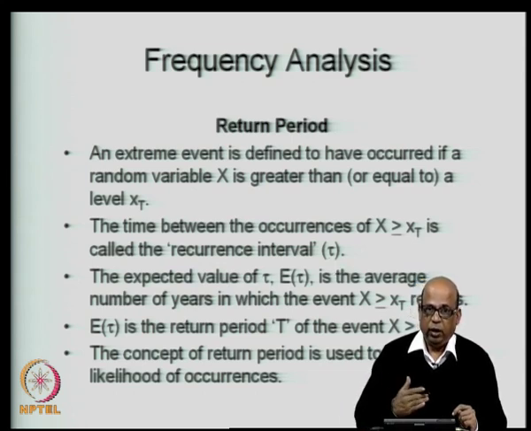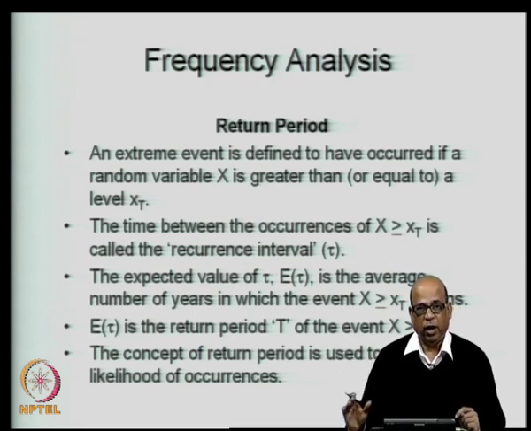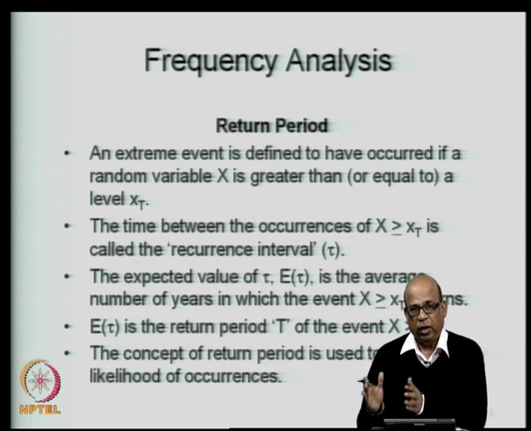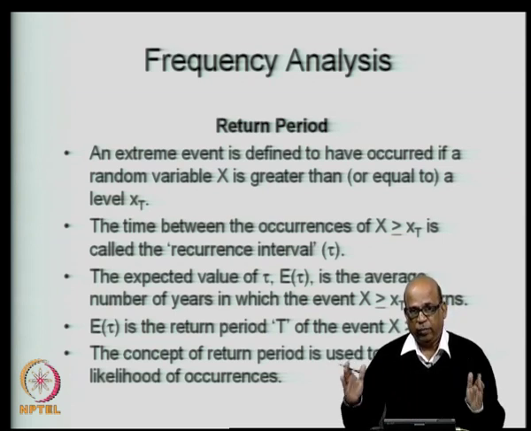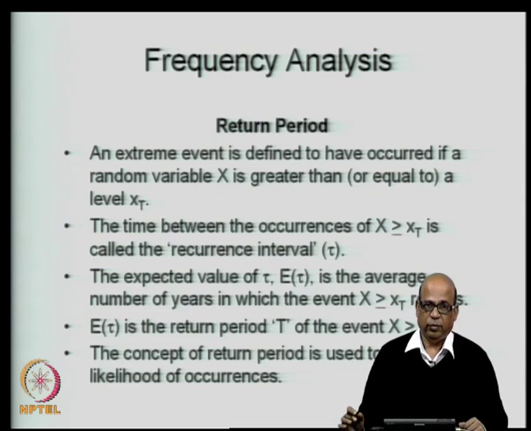Then in a long period there may be several recurrences of this event. X greater than or equal to x_t has occurred in, let us say, year number 1, it occurred again in year number 14, again in year number 15, again in year number 29 and so on. So, the recurrence interval keeps on changing in a record of the time series.